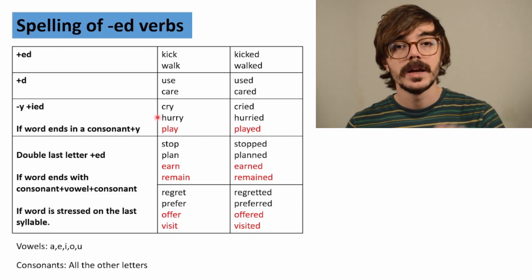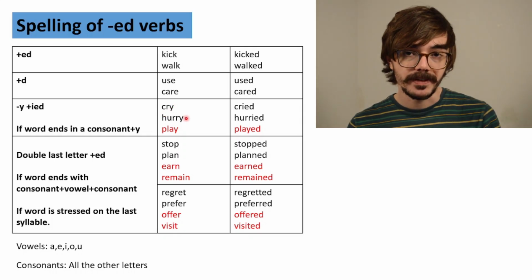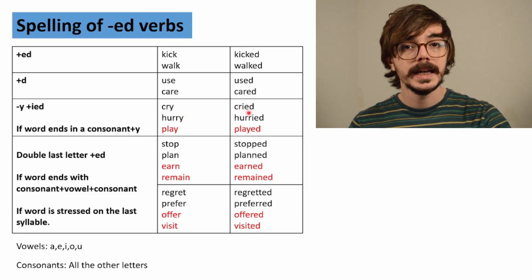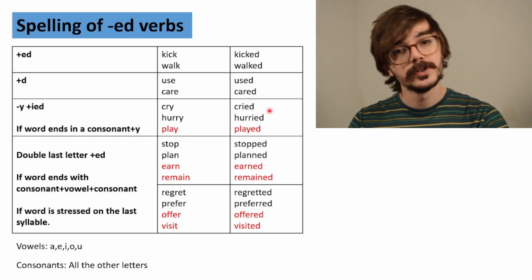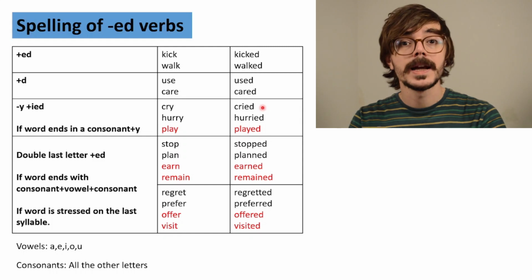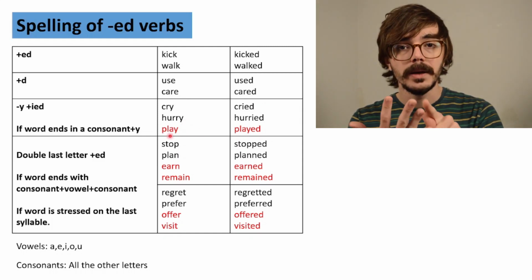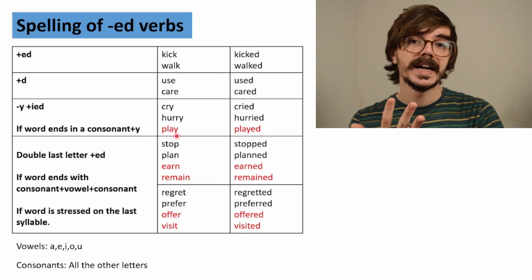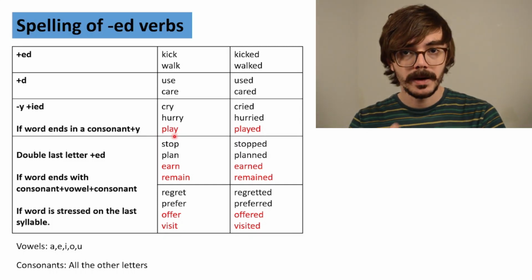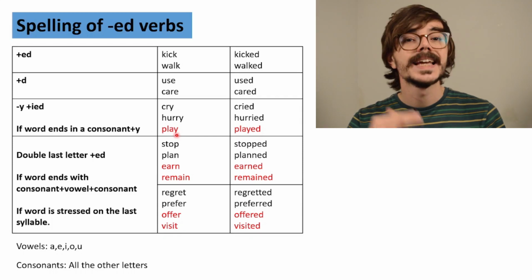So in that case, we take away the Y on the end of the verb and we put I-E-D. If the verb has a vowel before the Y, then we don't do this, like play, P-L-A-Y. A is a vowel, therefore we don't take away the Y and add I-E-D, we just add E-D like normal.